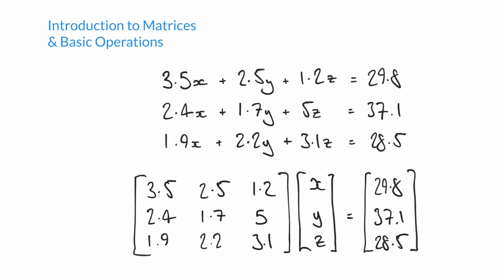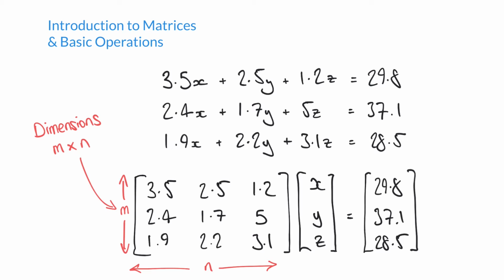But in this video let's concentrate more on what a matrix is, how we can construct matrices and some very basic examples of some operations that we can perform. So first of all, we give the dimensions of a matrix m by n. So m here represents the number of rows that a matrix has, and n represents the number of columns.